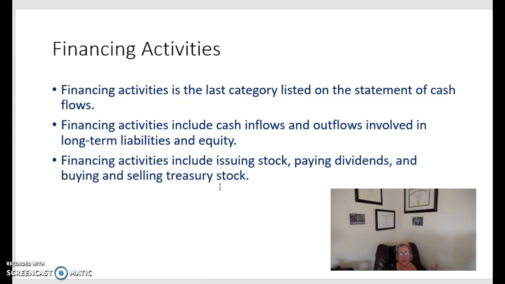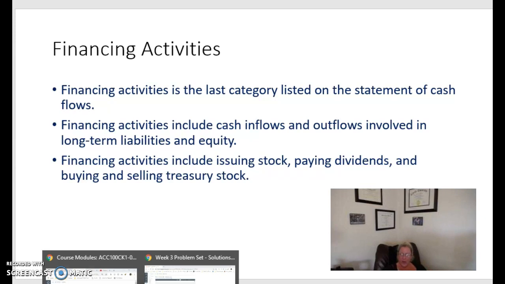You have to think in terms of operating: is it a day-to-day activity? Investing: am I purchasing or selling something, an asset that is helping me work in my business, but it's not really what I do on a day-to-day basis? It's just something necessary in order for me to do what I do on a day-to-day basis. Or is it a financing activity?